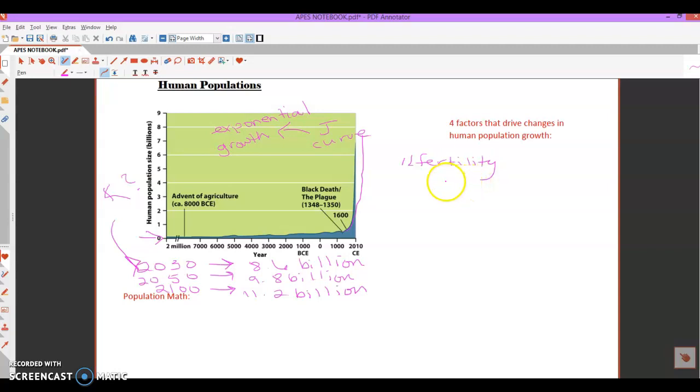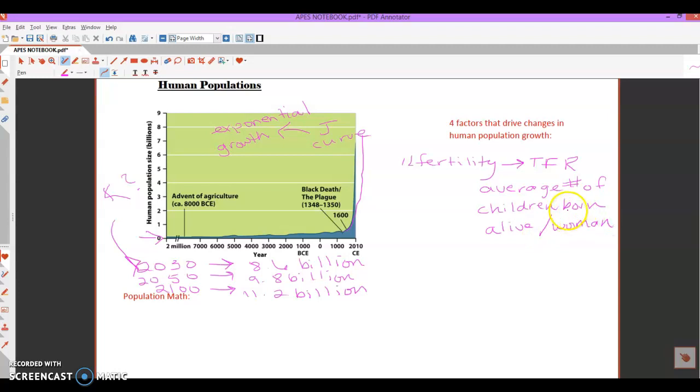Now, fertility, the way that we analyze it in learning about human populations, is the total fertility rate. Okay, that is the TFR, total fertility rate. And what the total fertility rate is, is the average number of children born alive per woman.